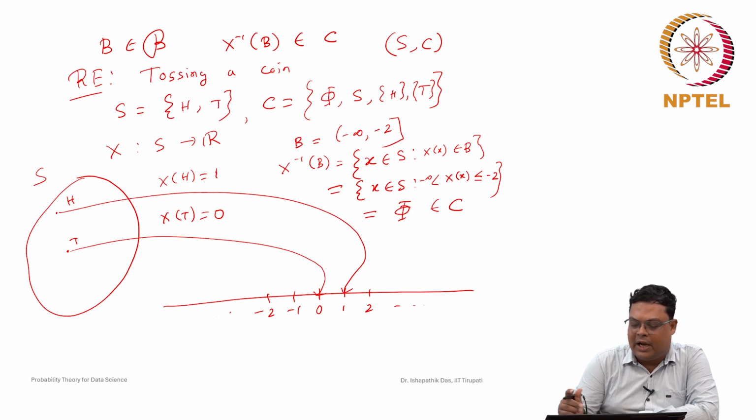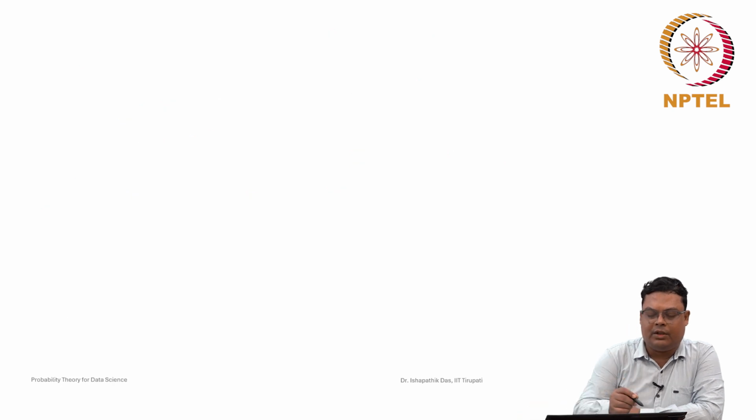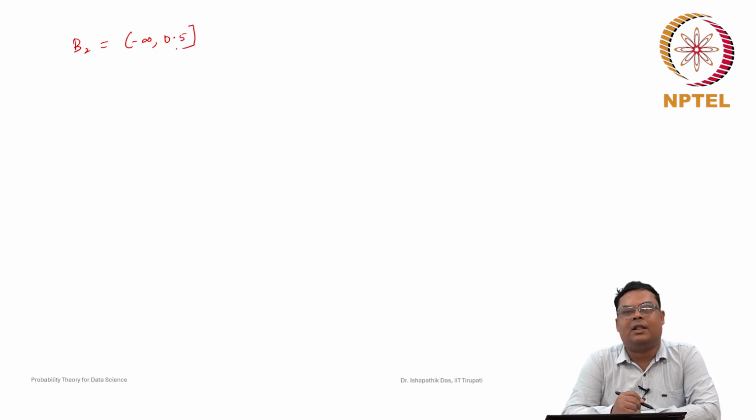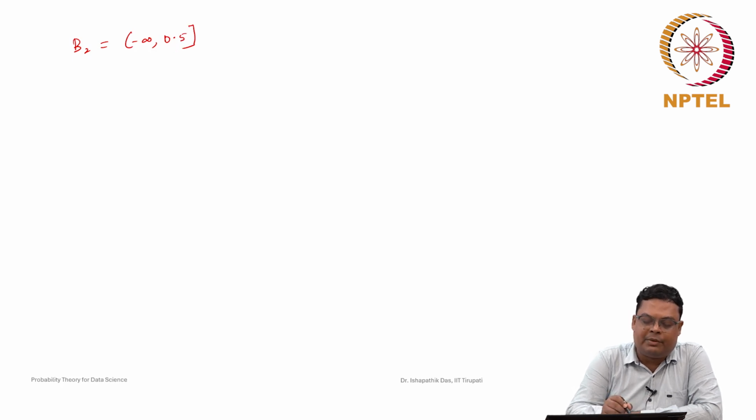Let us consider another set. Suppose another set B2, it is nothing but minus infinity to, suppose, 1, or we can take 0 or any real number, suppose 0.5. It may be irrational, any number. So minus infinity to 0.5. Then what is X inverse of B2?